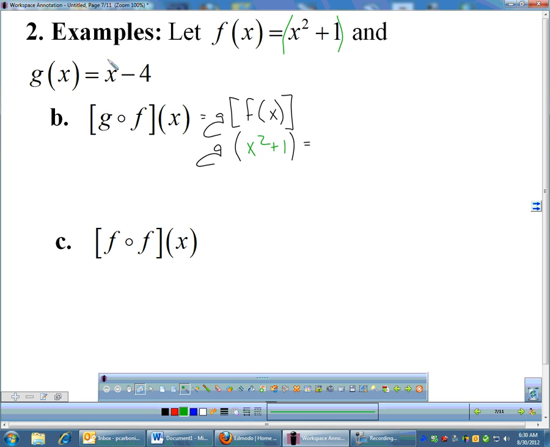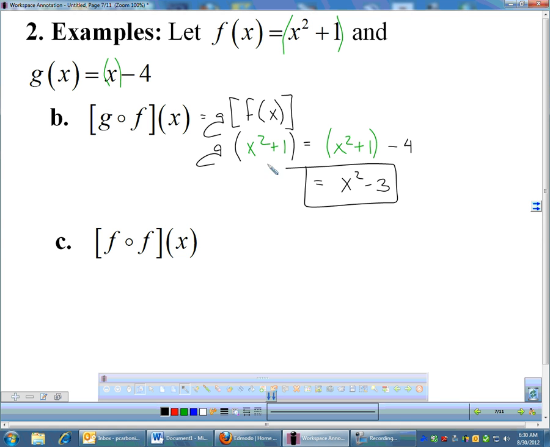So in the place of the x, I'm going to stick an x squared plus 1. Minus 4 comes along for the ride. I don't have to square or do anything funky, so x squared plus 1 minus 4. 1 minus 4 is negative 3. So x squared minus 3 is our answer. Yeah?